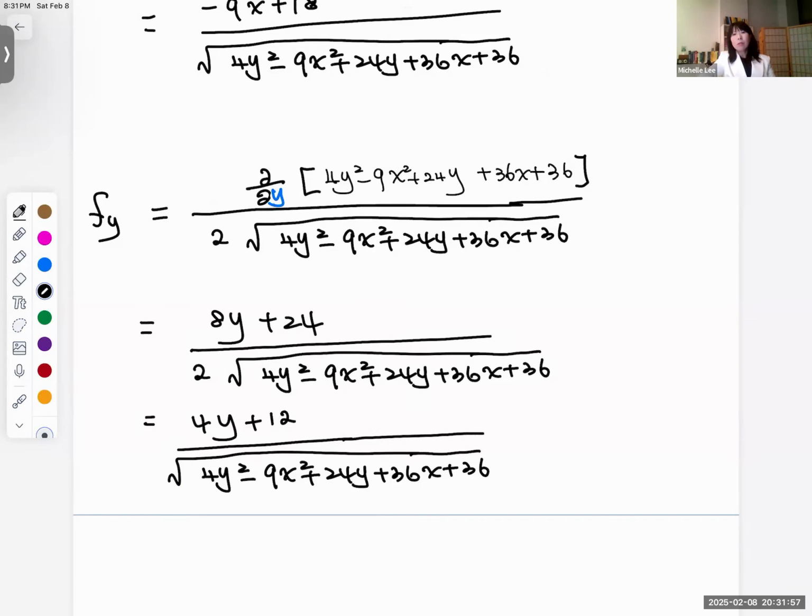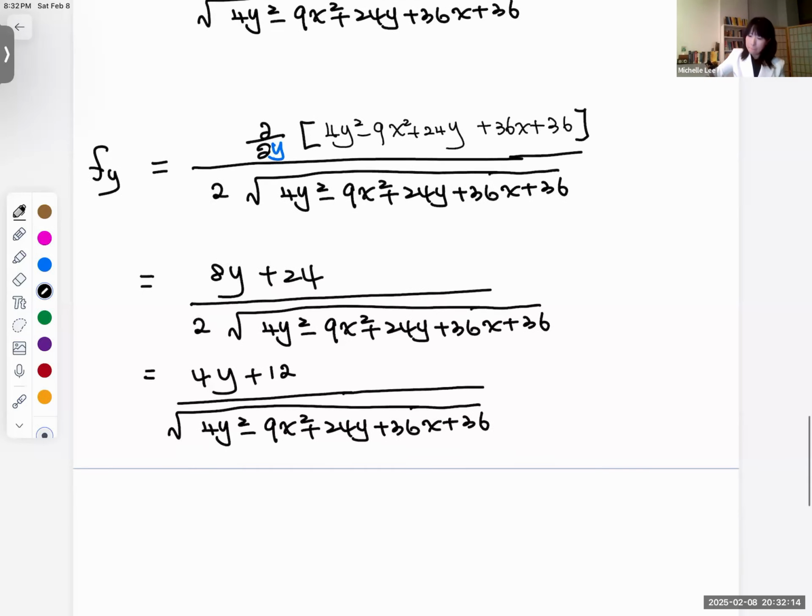Okay, now we need to find the critical points. Then we said the partial derivative with respect to x equal to 0 and the partial derivative with respect to y equal to 0, right? Okay, set equal to 0, equal to 0, right?